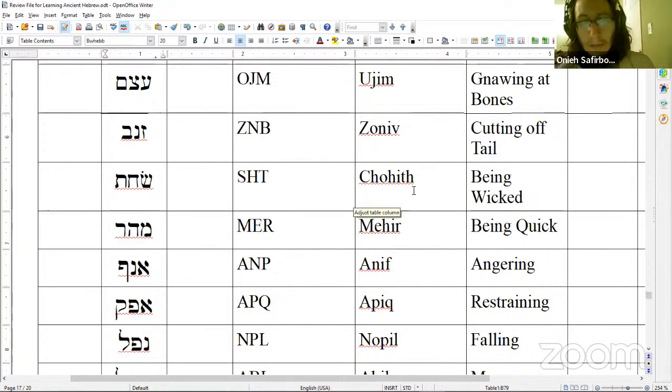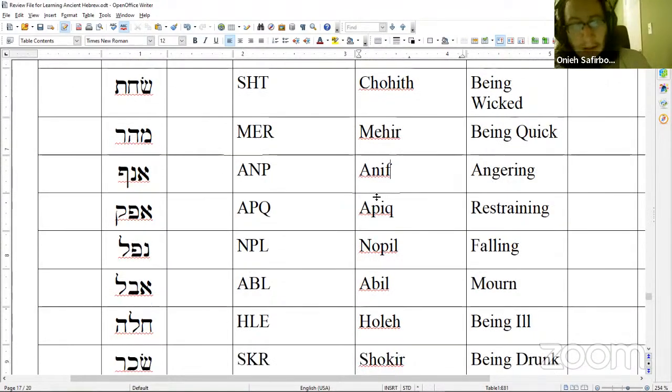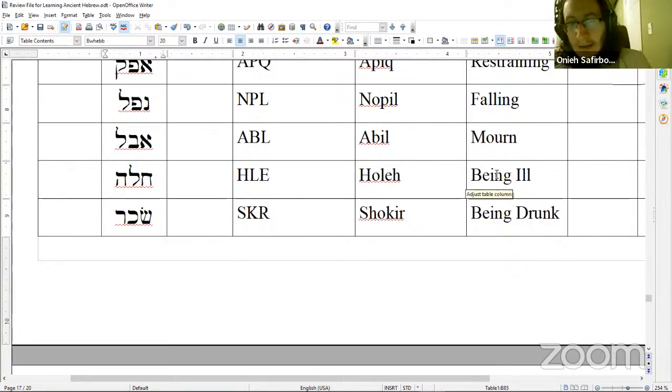Shachith, being wicked. Meher, being quick. Anif, angering. Apik, restraining. Napil, falling. Abil, mourn. Hela or hala, being ill. Chakr, being drunk.